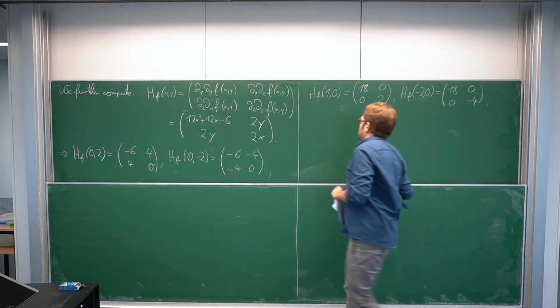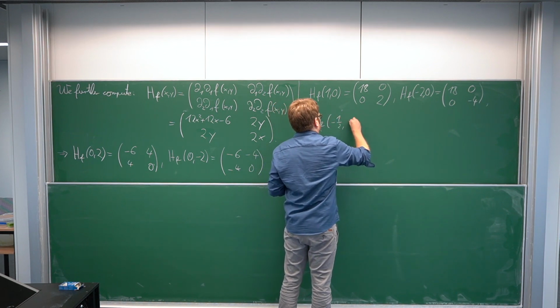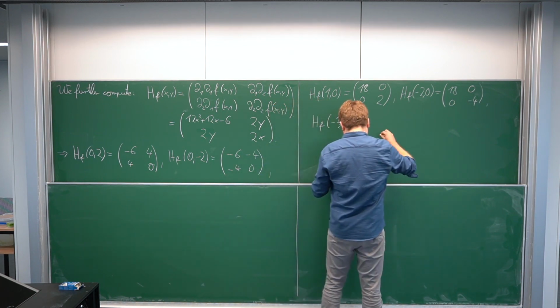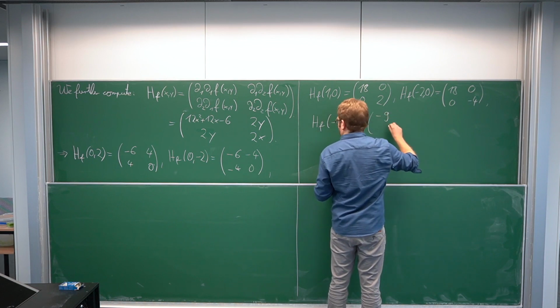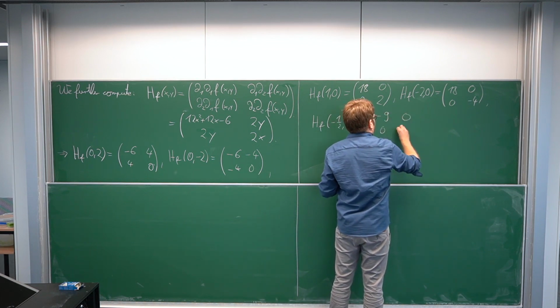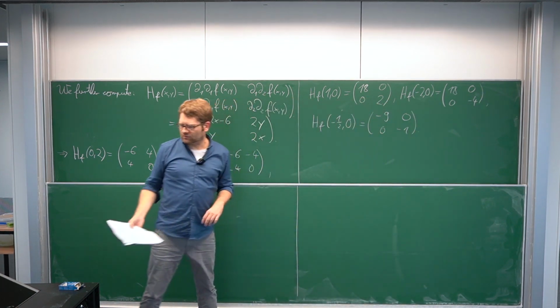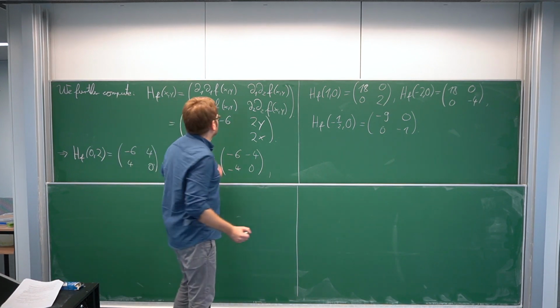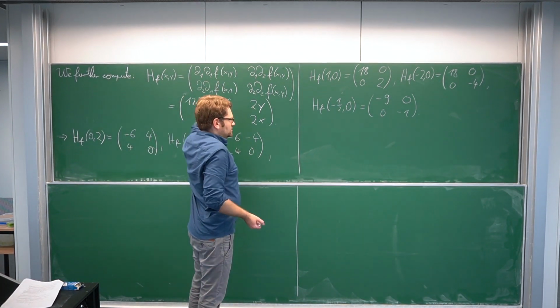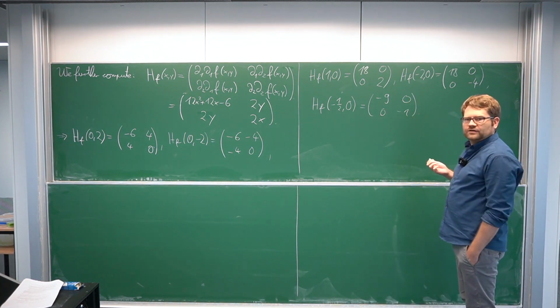Okay. And finally, we have one more point, Hf of (minus 1/2, 0). There we just get, let me abbreviate, minus 9, 0, 0, minus 1. From this we can now check what properties these Hessians have, or what properties these points have. What about definiteness? Here it's easy to see, because if the matrix is diagonal, we can see the eigenvalues.